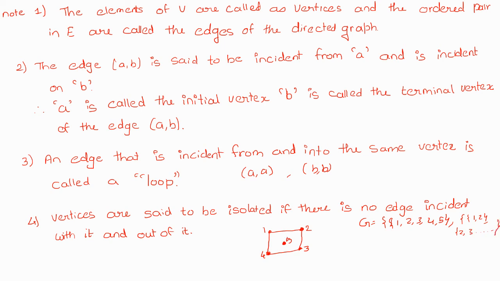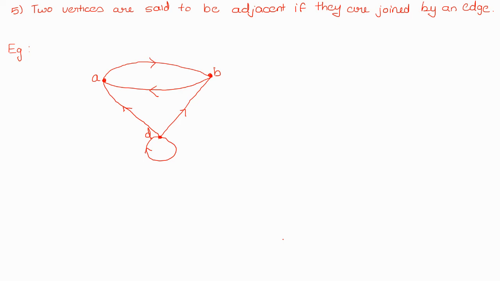In this case, vertex 5 does not have any edge incident on it. Also, it does not have any edge incident from it. That means such vertices, which are isolated from all other vertices, are called isolated vertices.